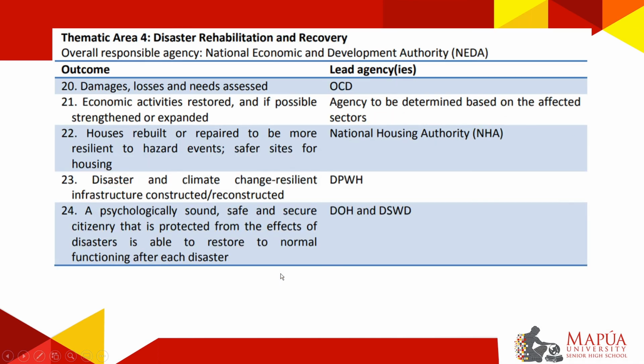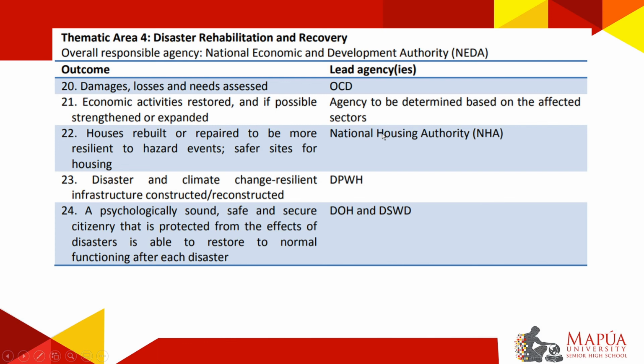And lastly, for thematic area 4, disaster rehabilitation and recovery, the overall responsible agency is NEDA, or the National Economic and Development Authority. For assessing the damages, loss, and needs, the OCD is the lead agency. For economic activities restoration, of course, that depends on the sector affected.